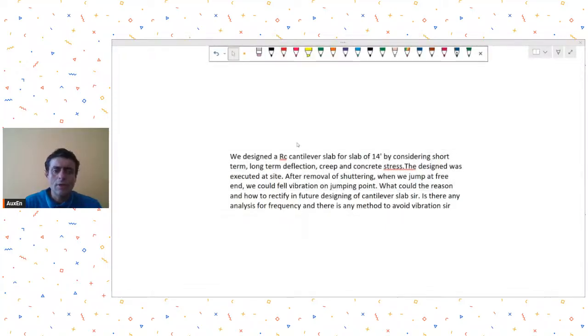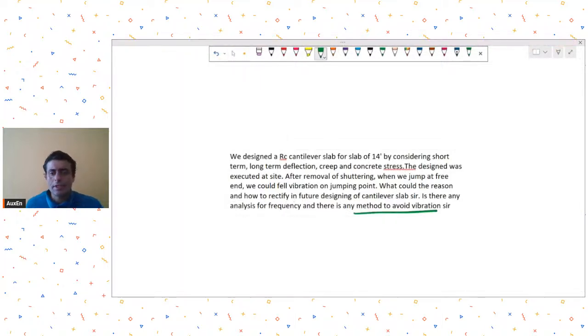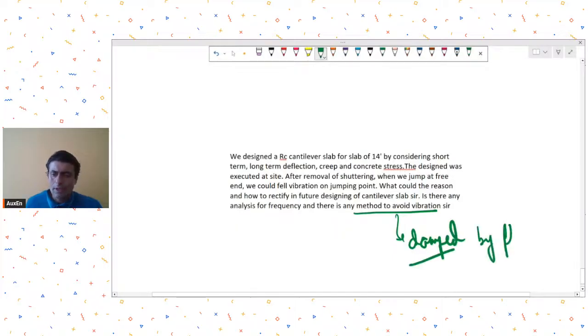So vibration control with the sort of thicknesses that we provide is not possible. So you will always have vibrations. What you can do is that these vibrations can be damped. Once you do the flooring, you will see that those vibrations will come down and you will have lesser effect of those.